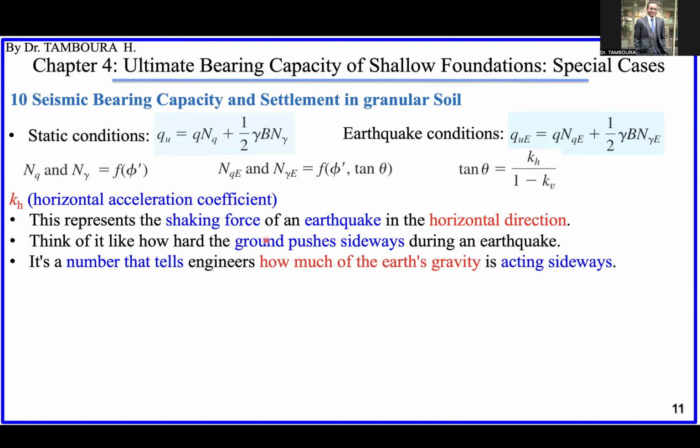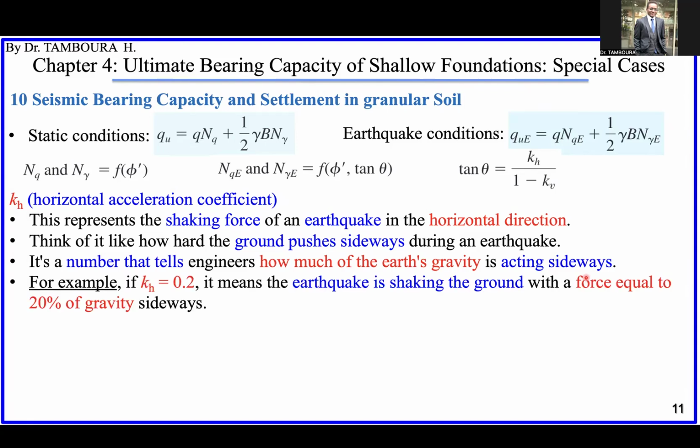Okay, so the value of this kh is telling you how much of the earth's gravity is acting sideways. Okay, you have seen in the previous slide that the unit of this is the same as the unit of earth gravity acceleration.